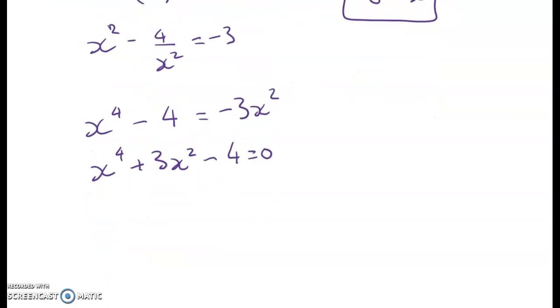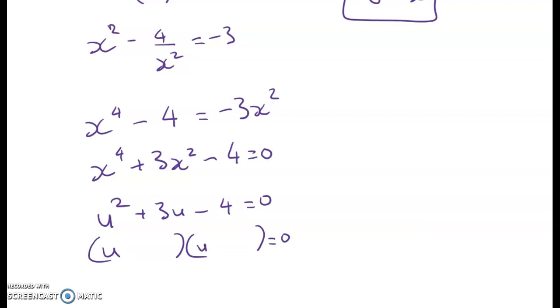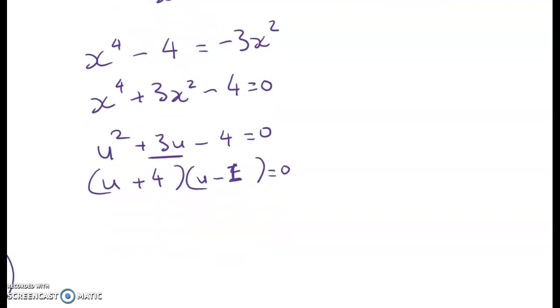We've got a disguised quadratic. We'll use u squared plus 3u, take away 4 is equal to 0, and that factorizes really easily. That gives me u here, and we're going to do minus 1 and plus 4 to generate the plus 3u, giving me u is equal to negative 4, or u is equal to 1. Right, but u was simply x squared.